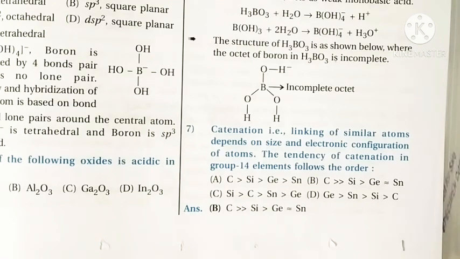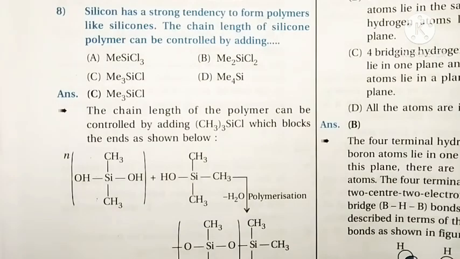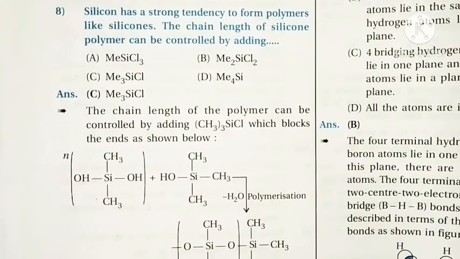Now number 8: silicon has a strong tendency to form polymers like silicones. The chain length of silicone polymers can be controlled by adding Me3SiCl, trimethylchlorosilane, which blocks the end.